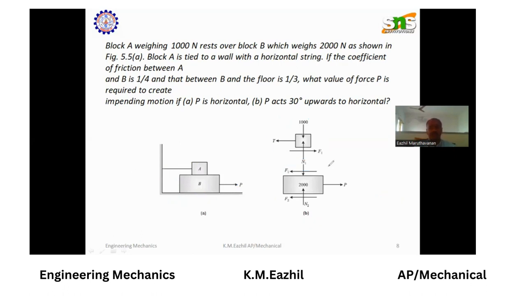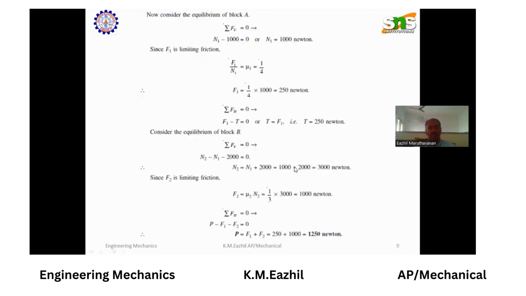Before solving the problem, we have to know where the minimum number of unknowns need to be found. From the figure, we know that the minimum number of unknowns are in block A. So we consider block A initially.